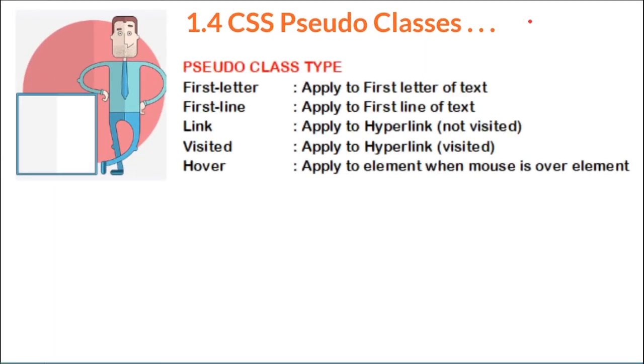For example, if you had a paragraph of text and you wanted to modify the first letter, make it larger, then you could say first-letter and use that pseudo class to change the first letter, make it a different color or much larger than normal.